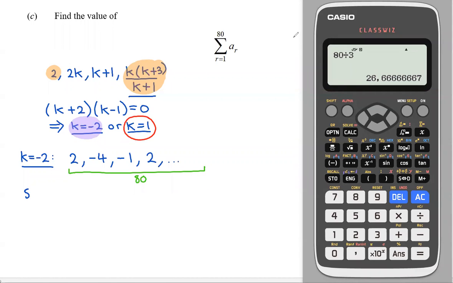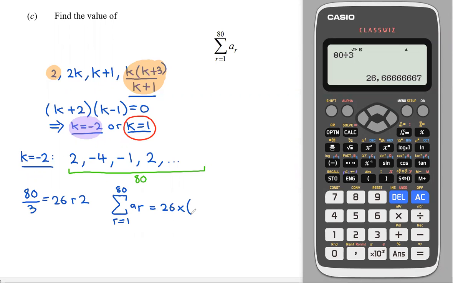Okay, so we'll just put that calculation down. So 80 divided by 3 is going to give us 26 remainder 2, like what you did in primary school with the remainder. So that means that the sum of the first 80 terms is going to be 26 of the first grouping of 3.